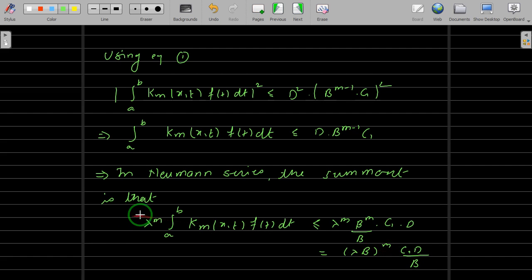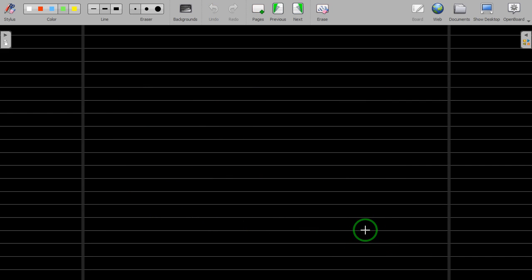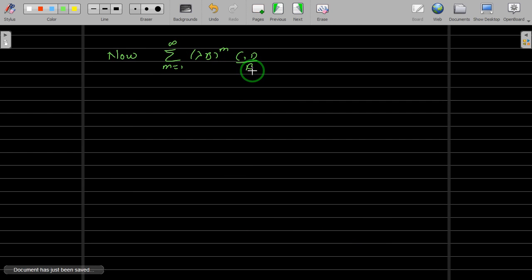Now this summation, you can use the Weierstrass test for convergence, summation m from 1 to infinity of lambda b raised to m c1 d upon b. Now if you see here, c1 is constant, d is constant, b is constant.